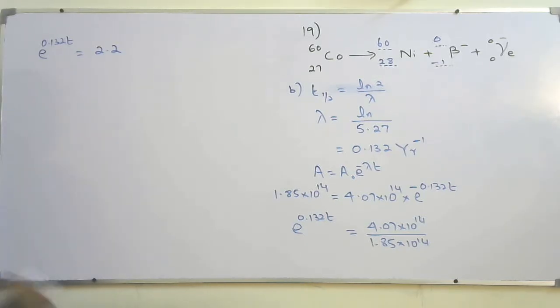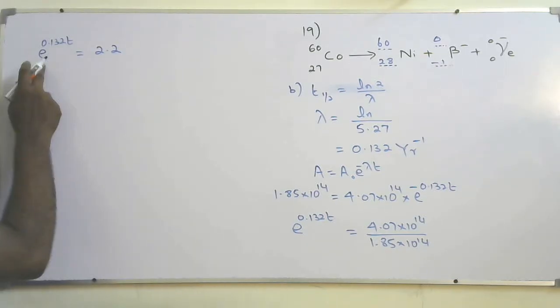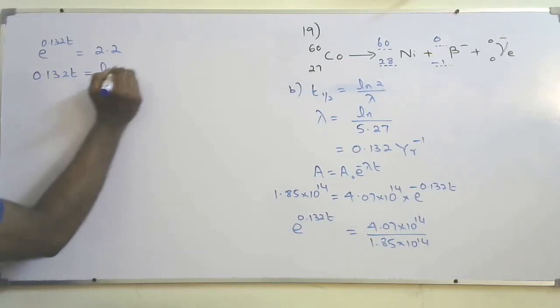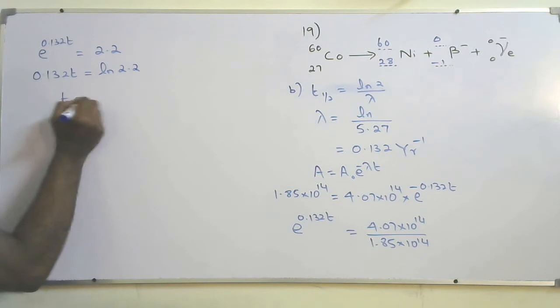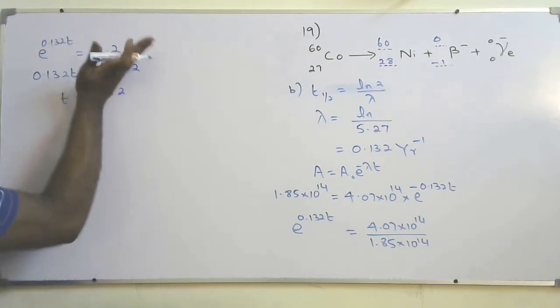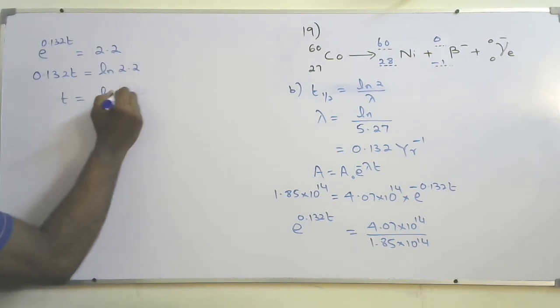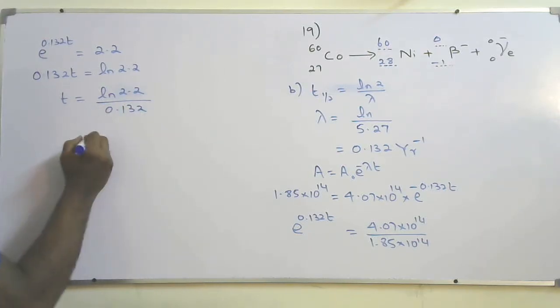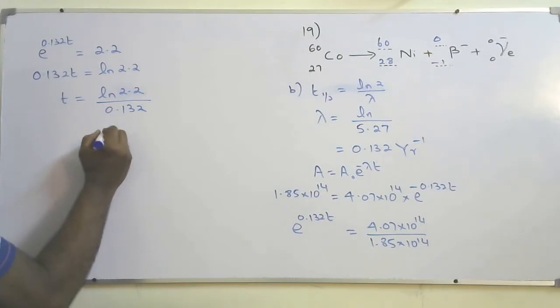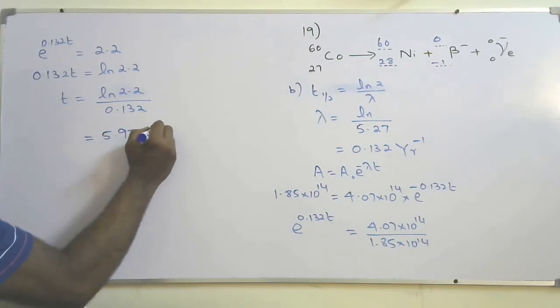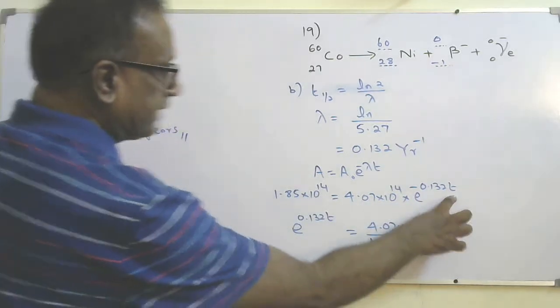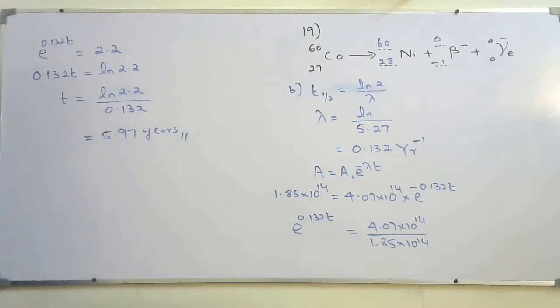Take natural logarithm on both sides. When we take natural logarithm, 0.132 t will be ln 2.2. Find t, ln 2.2 over 0.132, that will be 5.97 years. Since lambda is in per year, the time will be in years.